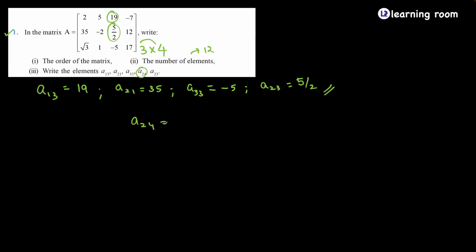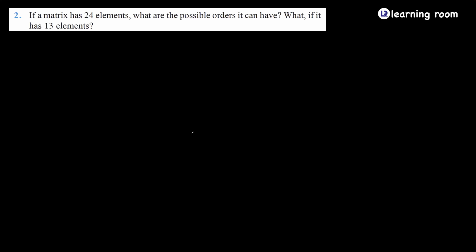So A24 is second row, fourth column. It is going to be 12. Right? So let me know if I can proceed. Shall I proceed?